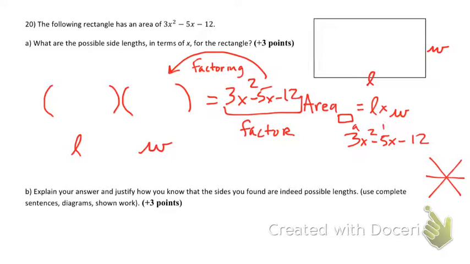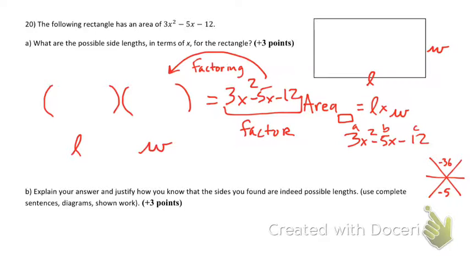I have my A, B, C pattern, and my A value's not 1. It's something other than 1. That's snowflake. So A times C goes on top. That's going to be negative 36. B goes on the bottom. That's negative 5. Okay. So what we're asking ourselves is what multiplies to negative 36 that adds up to negative 5.